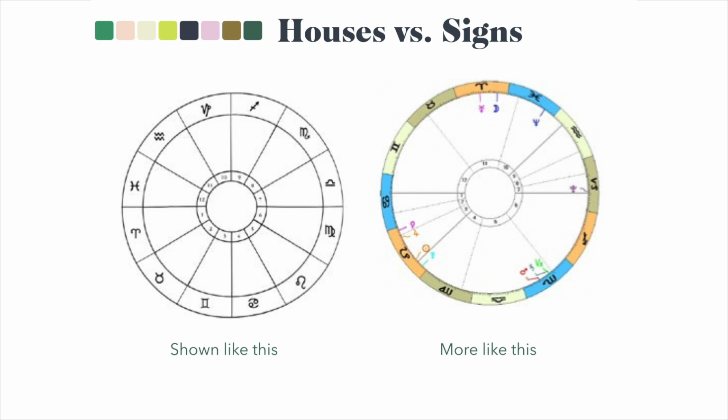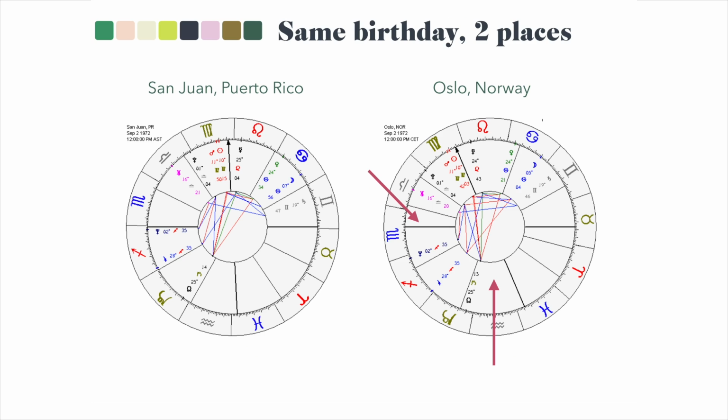So why is that? That depends on where you were born. The closer to the equator you were born, the more evenly sized your houses will be. This is the same person as if they were born in Puerto Rico and Norway.